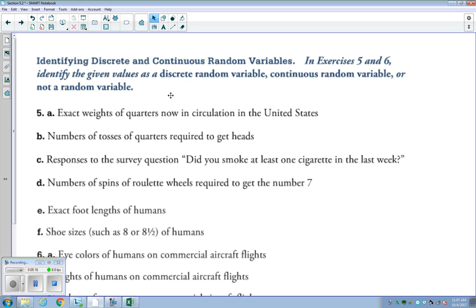How about the next one? It's discrete. Very good. Discrete, because I can count, can I? The number of tosses to get heads. Then when I look at the next one, C, responses to the survey: Did you smoke at least one cigarette in the last week?